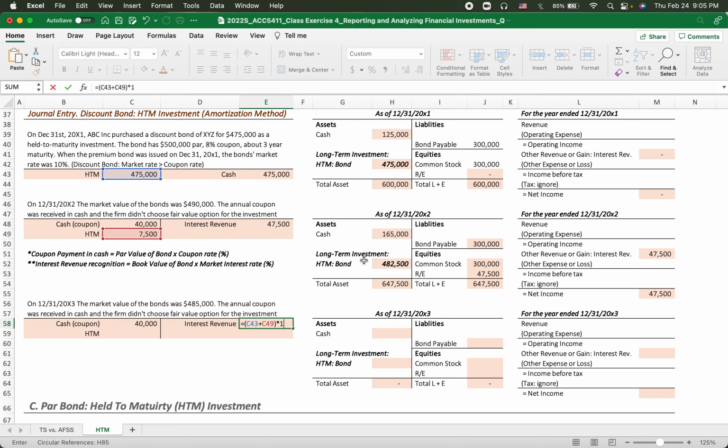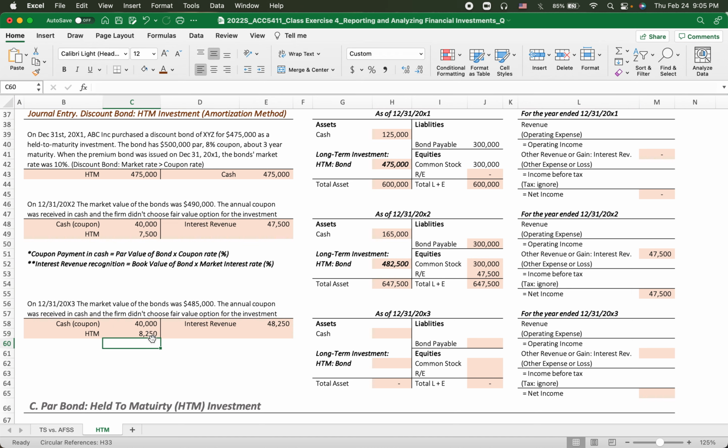Market rate is 10%, right? So the difference between the two is this amount. Now this 8,250 should be added into this bond investment, so that the gap between 475,000 and the 500,000 par value is amortized.